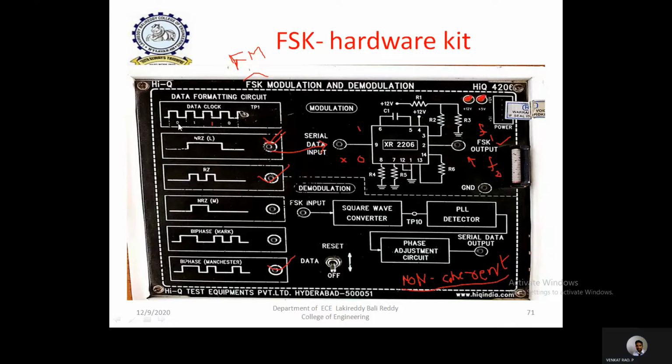Here I am taking 0 1 1 0 as an example. So how is this input data in terms of ones and zeros represented in clock pulses, in electrical pulses, by using different line coding techniques? For example, how is 0110 represented with NRZ coding? Each 0 is represented with a low pulse, each 1 is represented with a high pulse. So again 1 is a high pulse, again 0 is a low pulse.